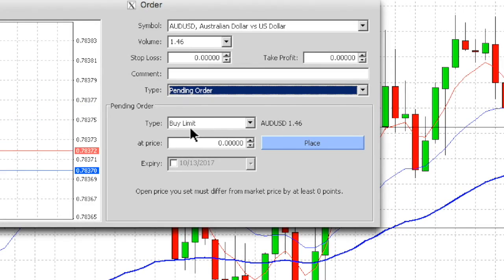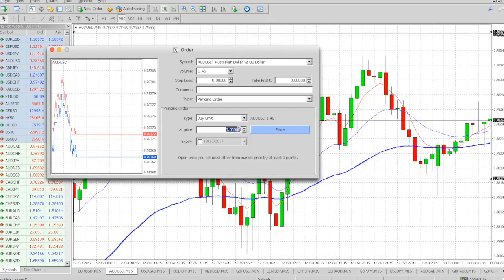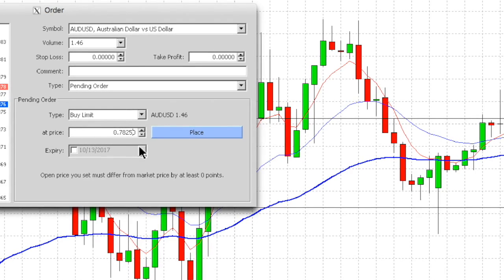So the buy limit would be 7825. The current price is, say, 7826, and my order is at 7825 limit, which means I only buy if it comes back to 7825.